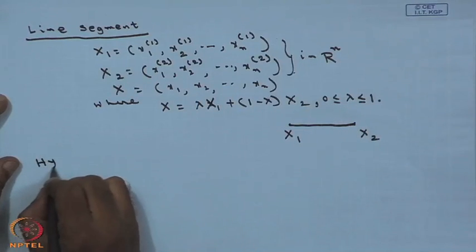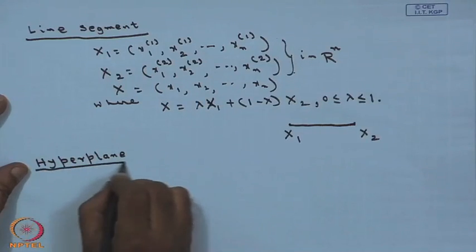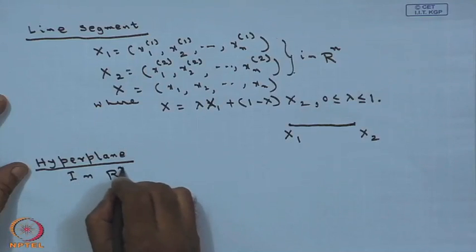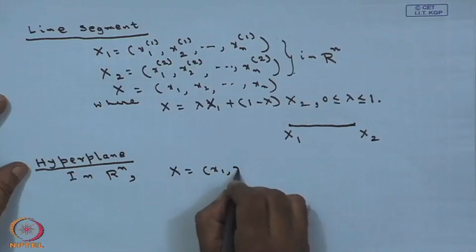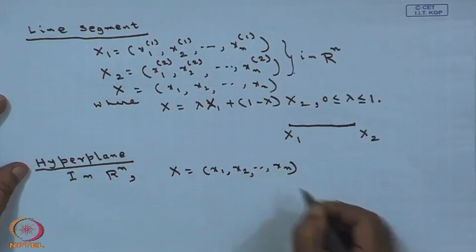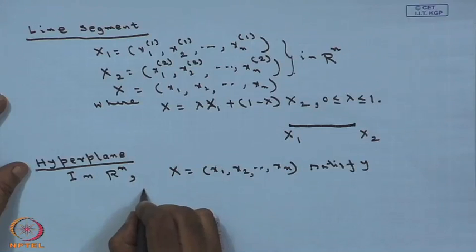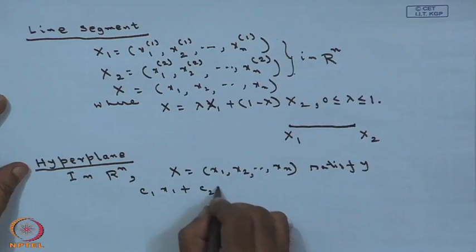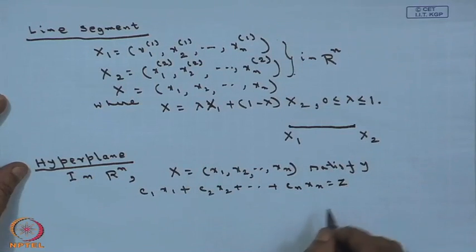The next definition is hyperplane. In n dimensional space, that is in R^n, if I have a set of points x = (x1, x2, ..., xn), and if they satisfy C1 x1 plus C2 x2 plus ... plus Cn xn equals z, this defines one hyperplane for given values of Ci and z.